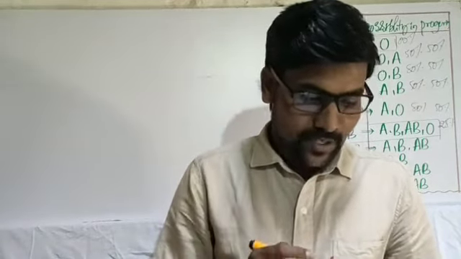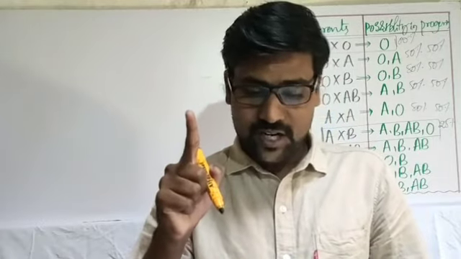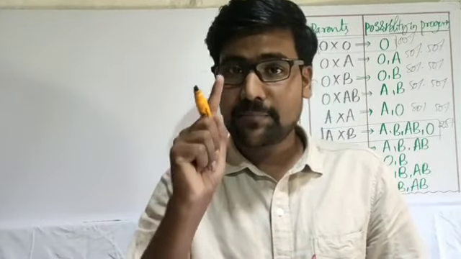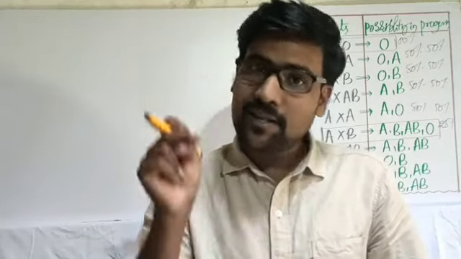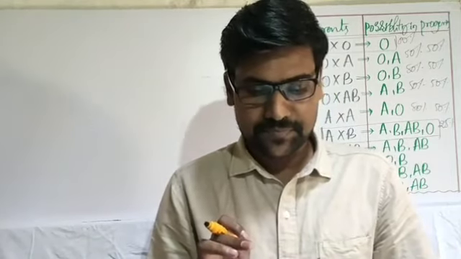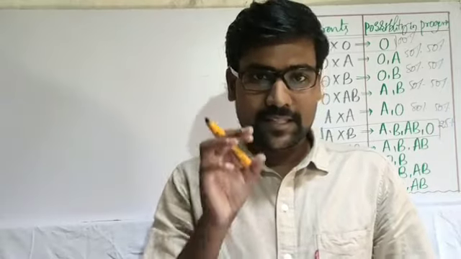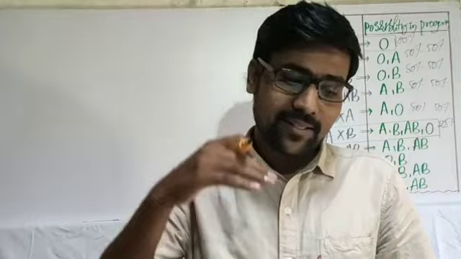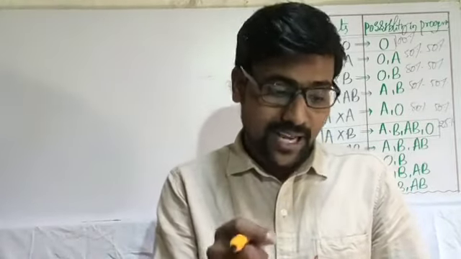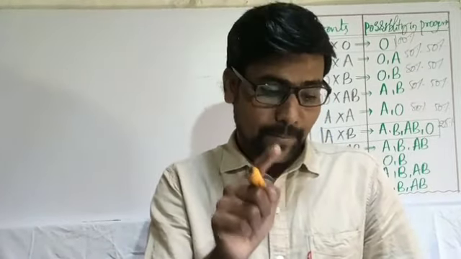The first problem: the blood types of children never resemble their parents' blood type. Then find out the parents' blood group genotypes.